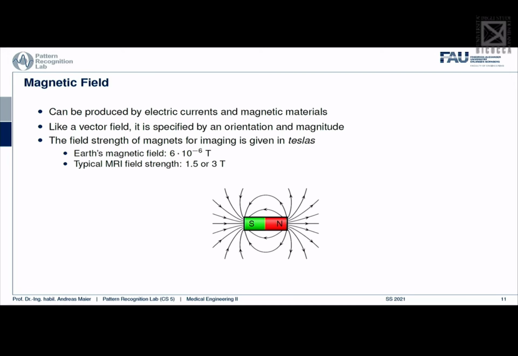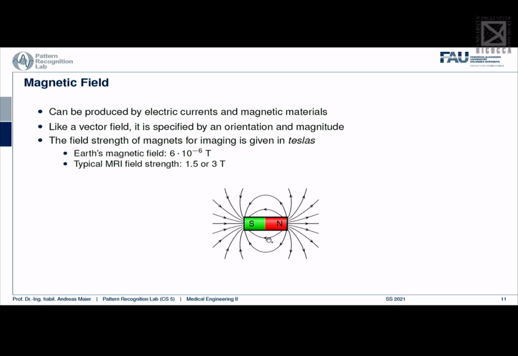Now, the magnetic field can be produced by electrical currents or magnets. It is a vector field, which means that it's specified by a magnitude, of course, but also by an orientation. Conventionally, we say that the magnetic field goes from the North Pole to the South Pole.